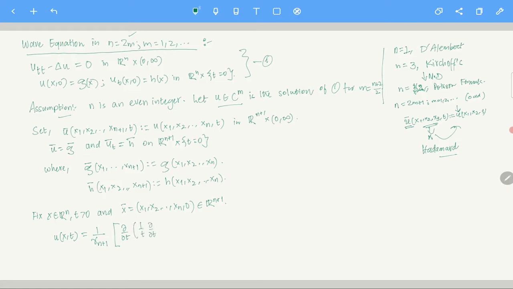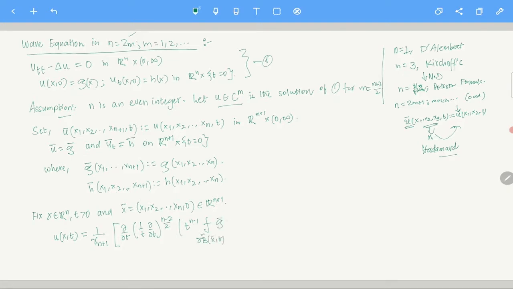I am just using the formula. Again, there is no need of remembering this formula. If you are given this to work out in the examination, then the formula will be provided to you. Of course, you should know the subtle details about the formula, which we are going to explain to you. I am not expecting you to remember the exact formula, but some details should be known about what is so special about this formula in 3 dimensions or 2 dimensions.